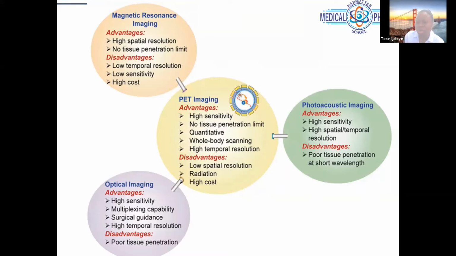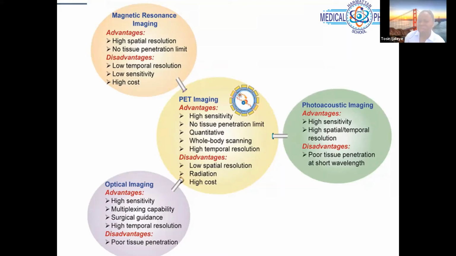And photoacoustic imaging has high sensitivity, high spatial and temporal resolutions, and poor tissue penetration at short wavelengths. And optical imaging, an example of which is near infrared imaging, has high sensitivity.